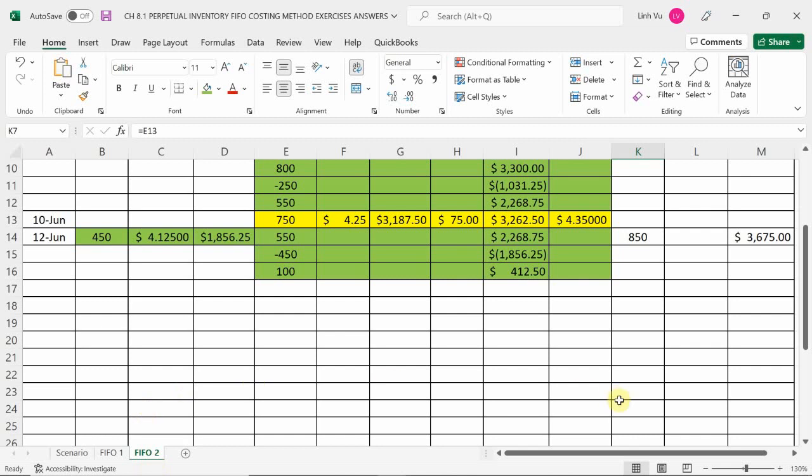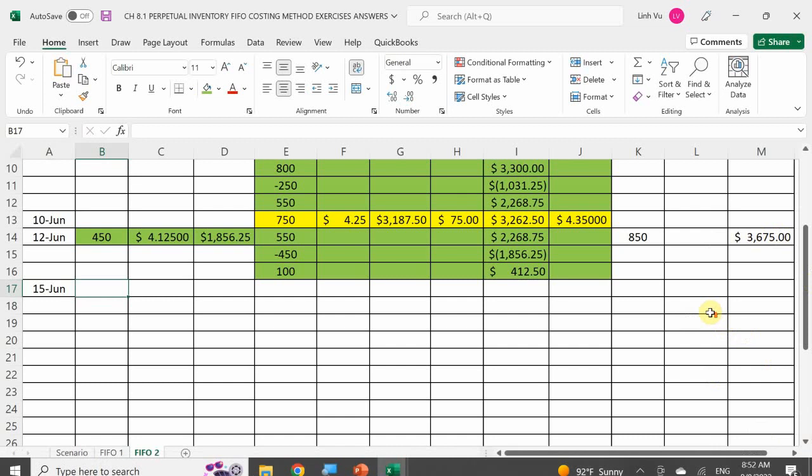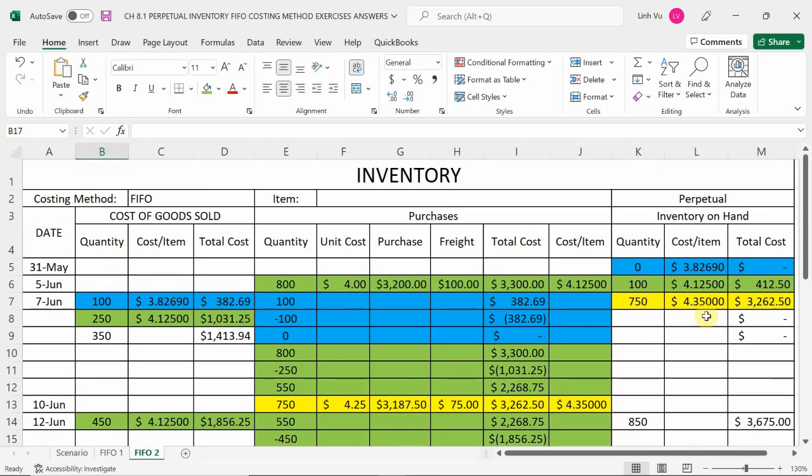In this case, we do have enough. We have 850. So yes, we can sell another 500. Now, it's June 15. How am I going to sell my 500 units? Okay, you're going to use the 100.